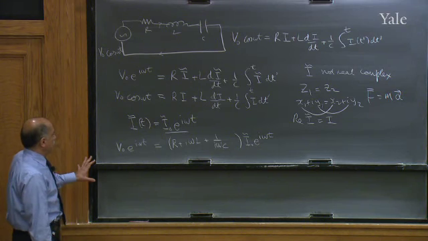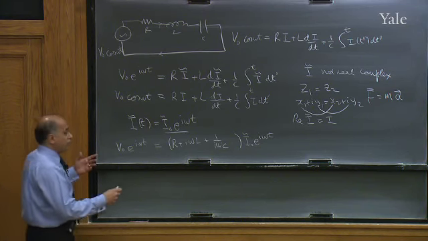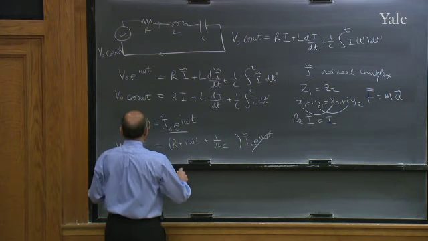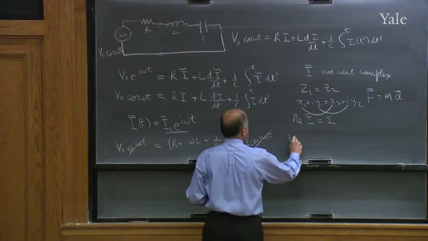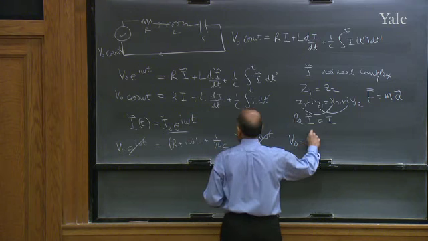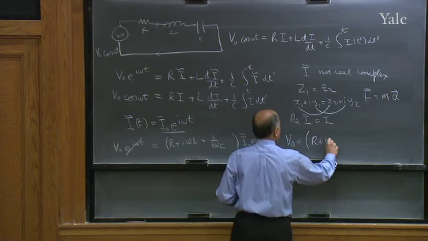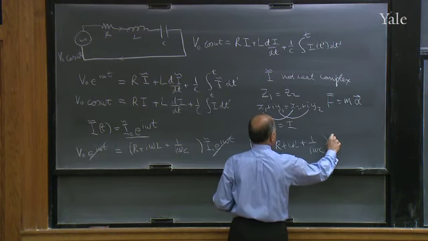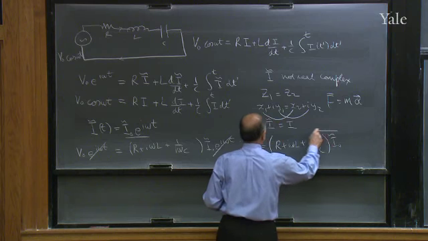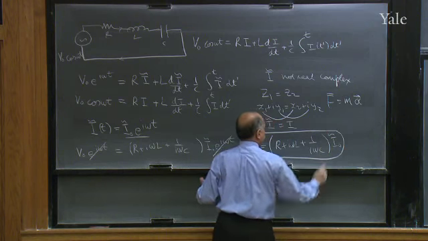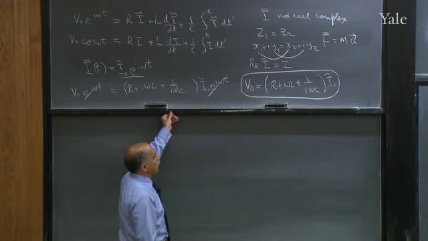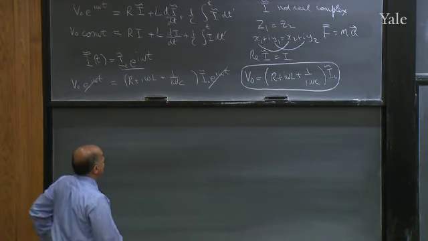So the time dependence, this is a time-dependent problem, but miraculously, the time dependence matches on the two sides. And now we get this equation, v0 equals r plus I omega L plus 1 over I omega c times I0 twiddle. And our goal was to find I0 twiddle.